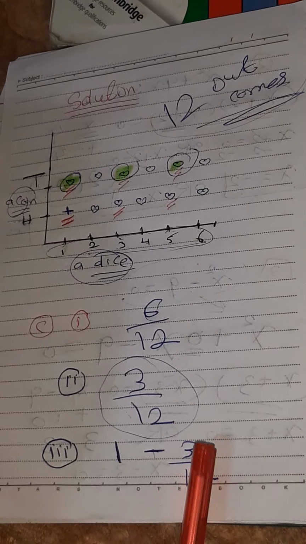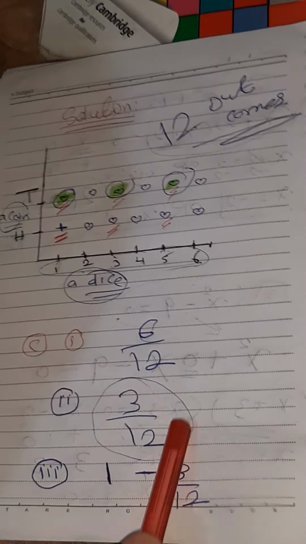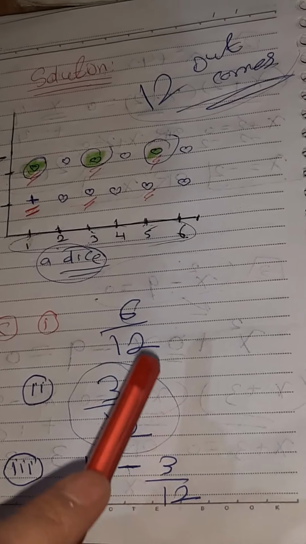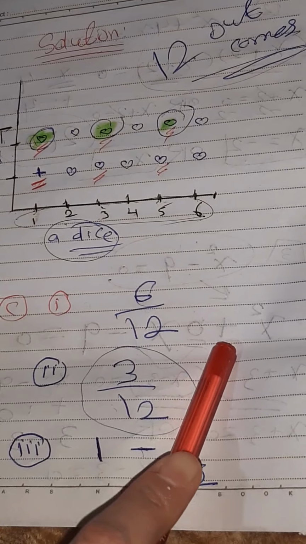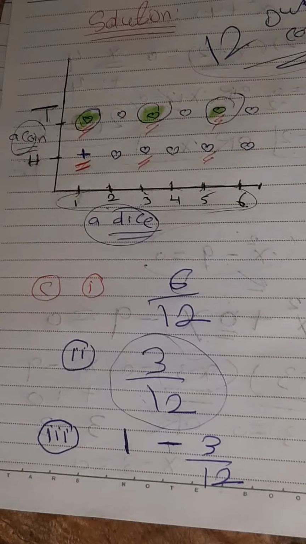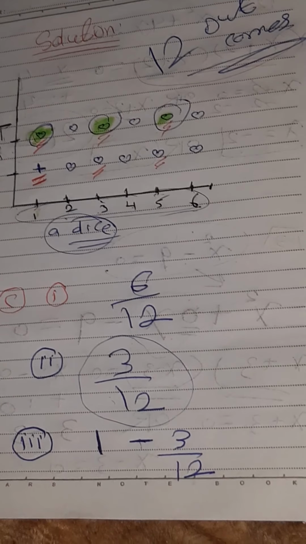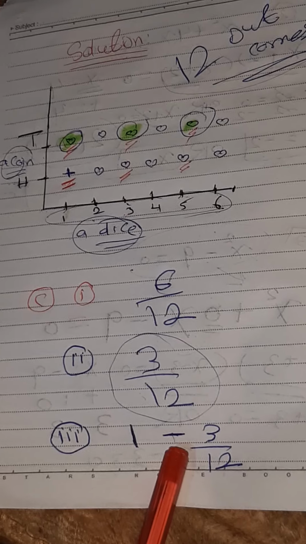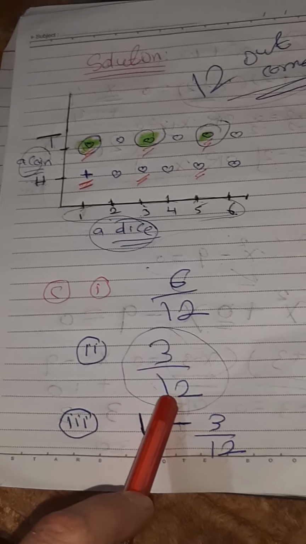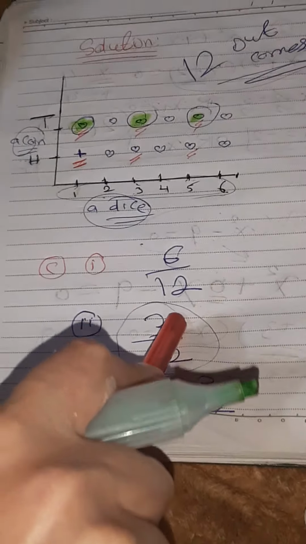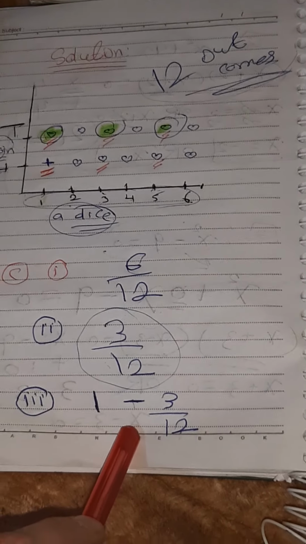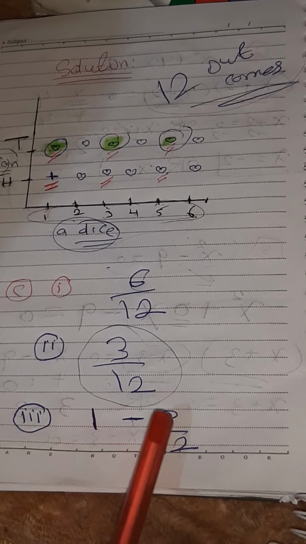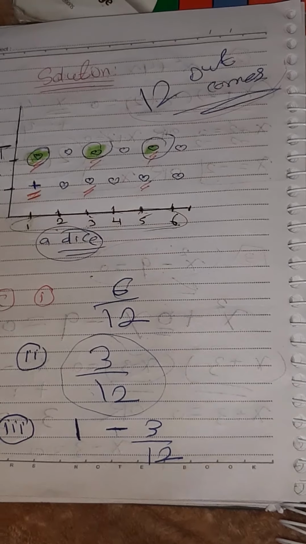If you have something that will happen, and you want the probability that it will not happen, it is 1 minus. So this 3 out of 12 is a tail and an odd, and this is not tail and odd. So use 1 minus 3 out of 12.